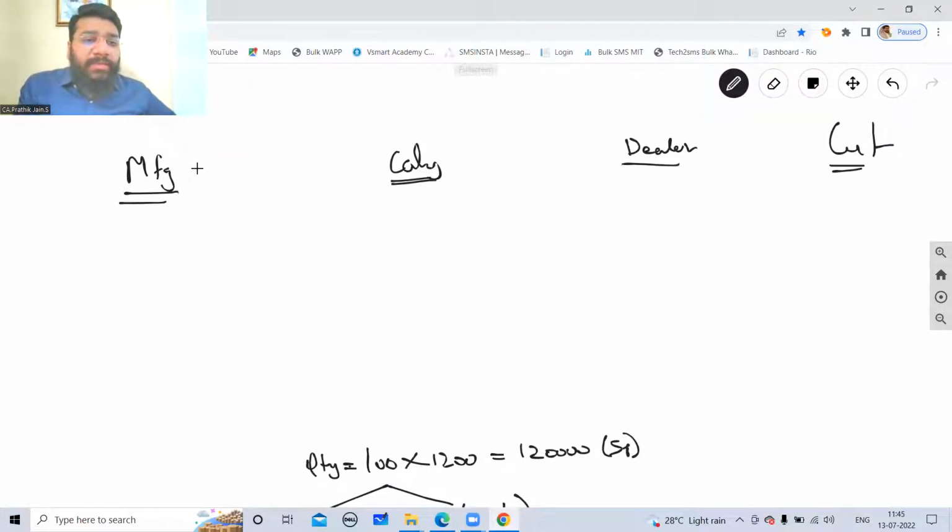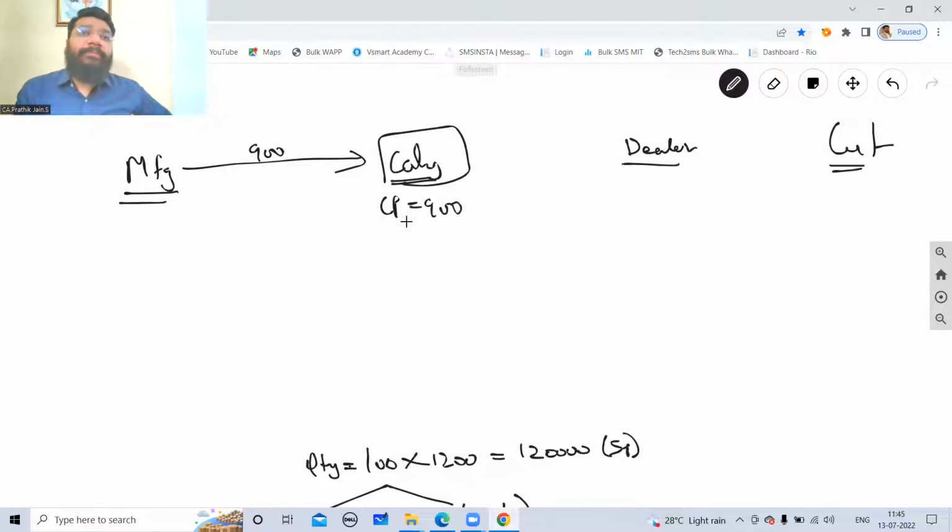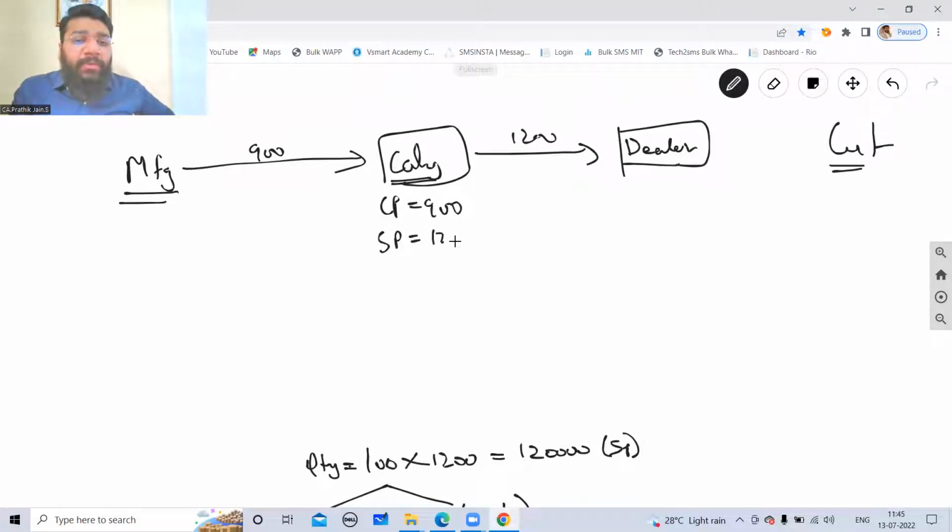The manufacturer sold goods to Cali company for 900, so for Cali company the cost price is 900. Cali company has further sent the goods to the dealer at 1,200 rupees. So the selling price for Cali is 1,200 and the cost price for the dealer is 1,200.